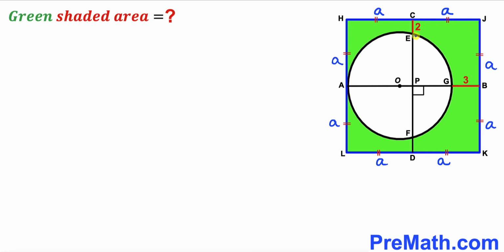So therefore this segment EP length has got to be lowercase a minus this segment length too. And likewise this segment AP length is going to be equal to this segment length. This is lowercase a, so therefore this has got to be lowercase a as well. And finally this segment PG length is going to be lowercase a minus this segment length 3.